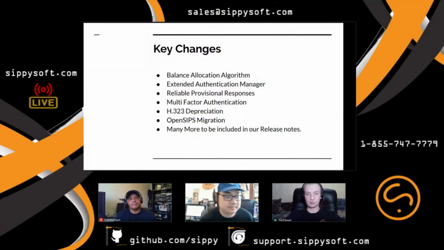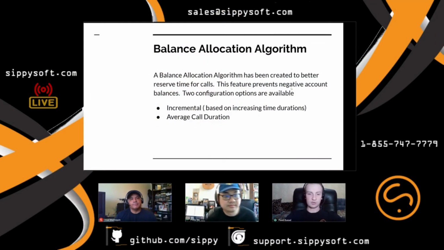Okay, Fred. So basically, the first feature I wanted to uncover a little bit here is our new balance allocation algorithm. To be more particular, this allocation algorithm allows you to utilize account balance more efficiently. So we, for some period of time, had some issues with accounts going to negative balance, like their balance was going below zero.